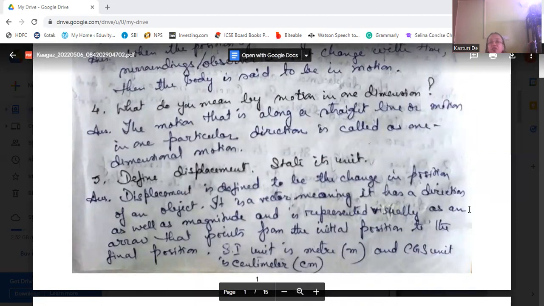It is represented visually as an arrow that points from the initial position to the final position, so the arrow should point in that direction. The SI unit of displacement is meter and the CGS unit is centimeter.